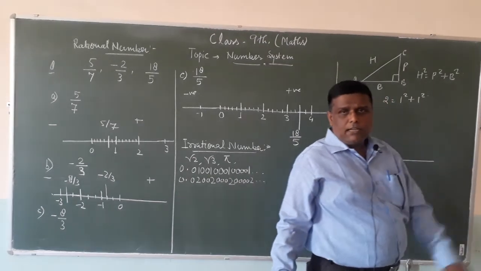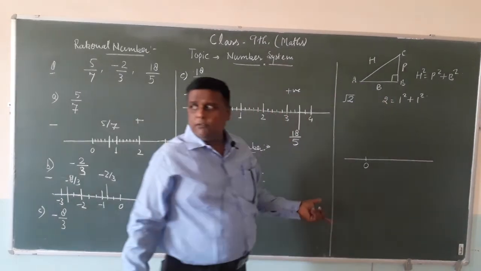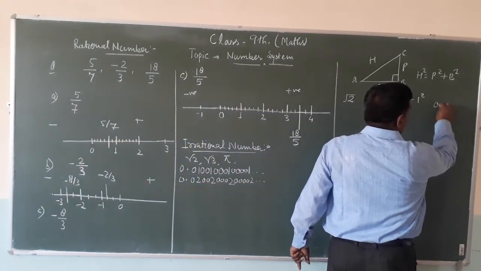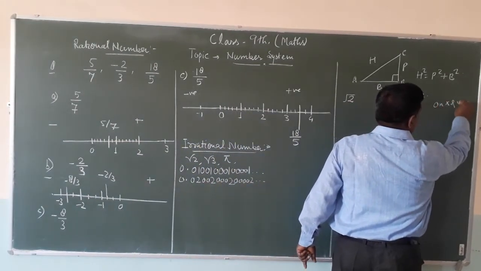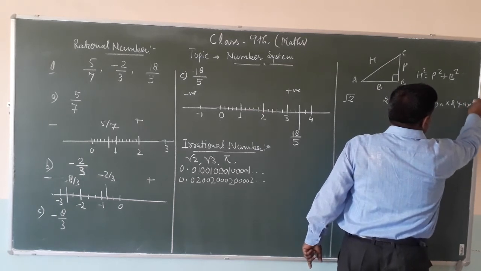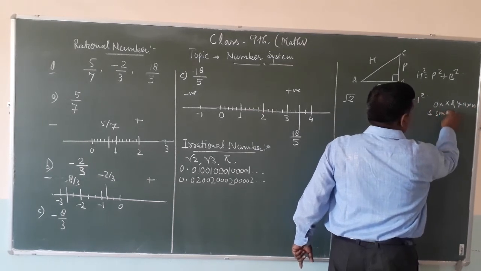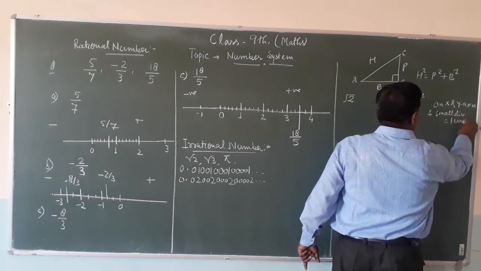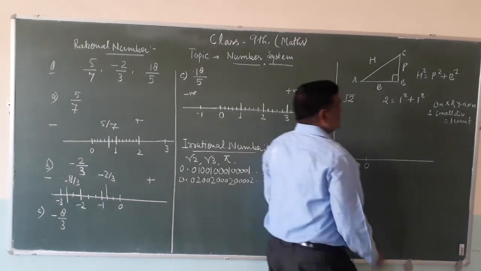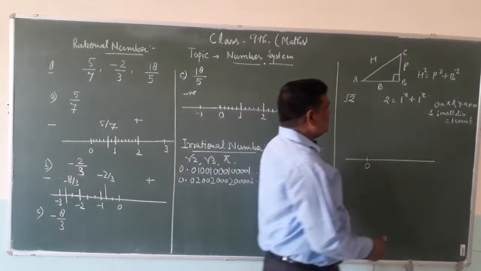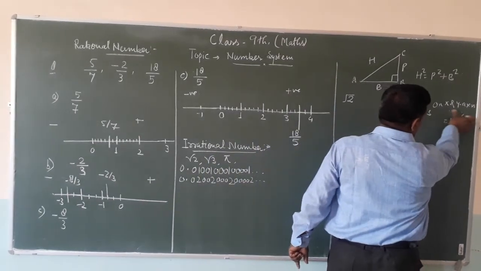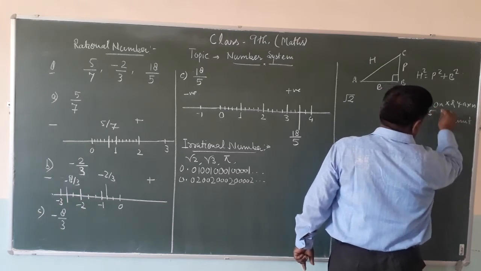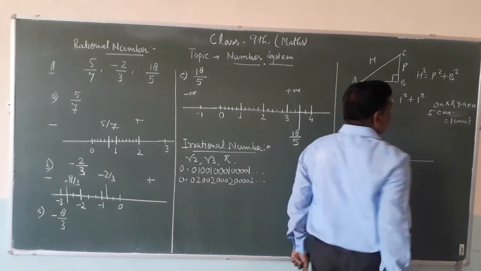Now we have to take the unit on the x axis and y axis: 5 small divisions is equal to 1 unit. So 5 centimeter is equal to 1 unit.